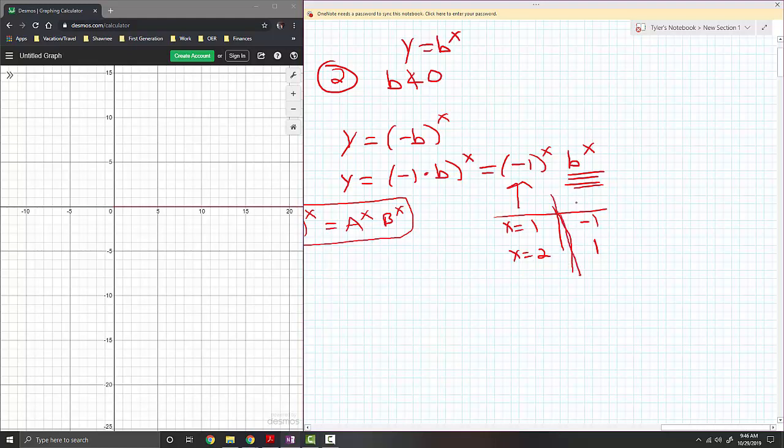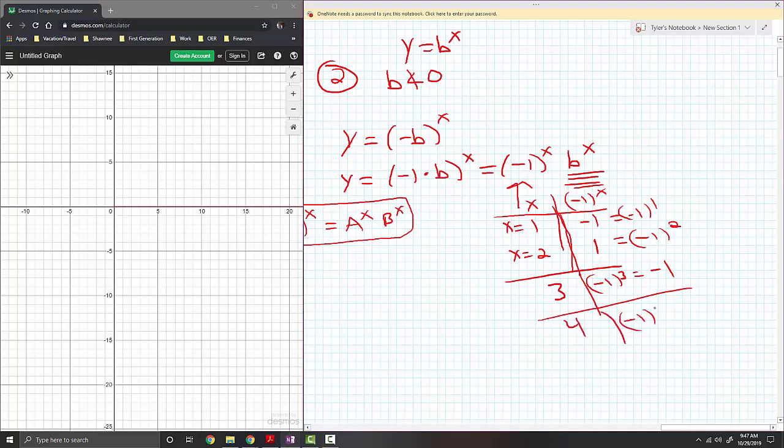So this would be evaluating negative 1 to the x, and these are just my x values, right? So if I put in 3, you could imagine, this would be negative 1 to the third, which would be negative 1, where this was negative 1 to the first, and this was negative 1 squared, right? So then, if I put in 4, we would have negative 1 to the 4th power, which is positive 1.